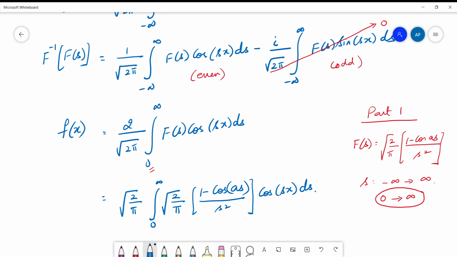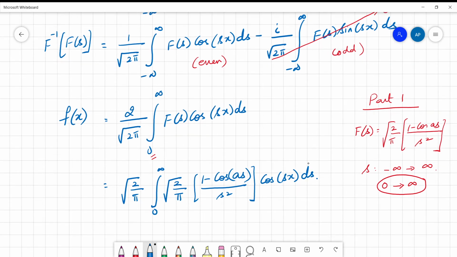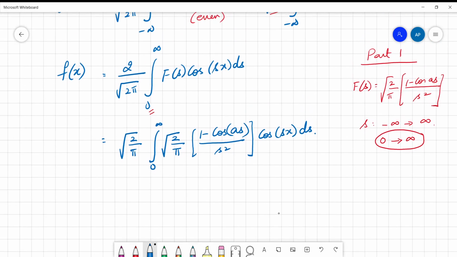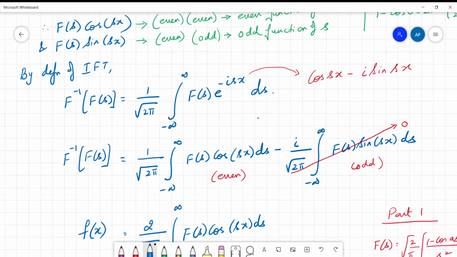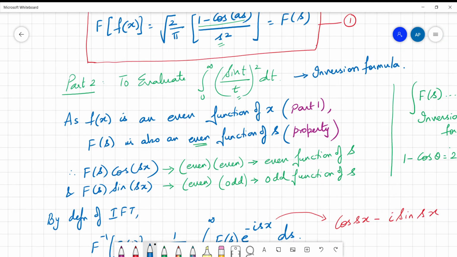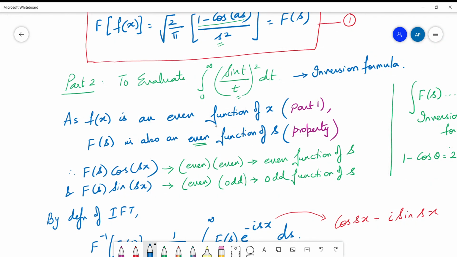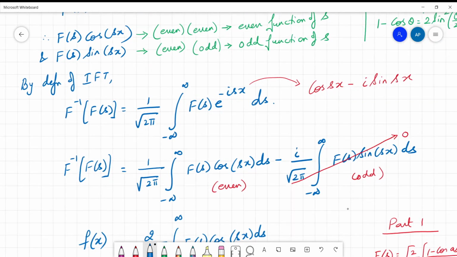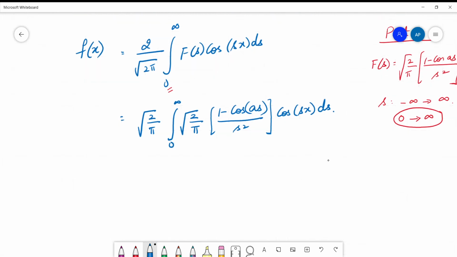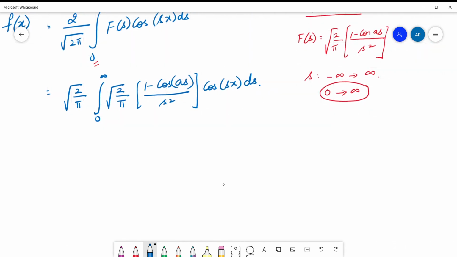Now let us continue this. The constants can be multiplied, and as we wanted, now look at what we want. We want the numerator to have sine square, right? Look at part 2 evaluation: to evaluate integral sine square t by t square. So inevitably we have to now replace that formula. The 1 minus cos as formula has to be substituted here.